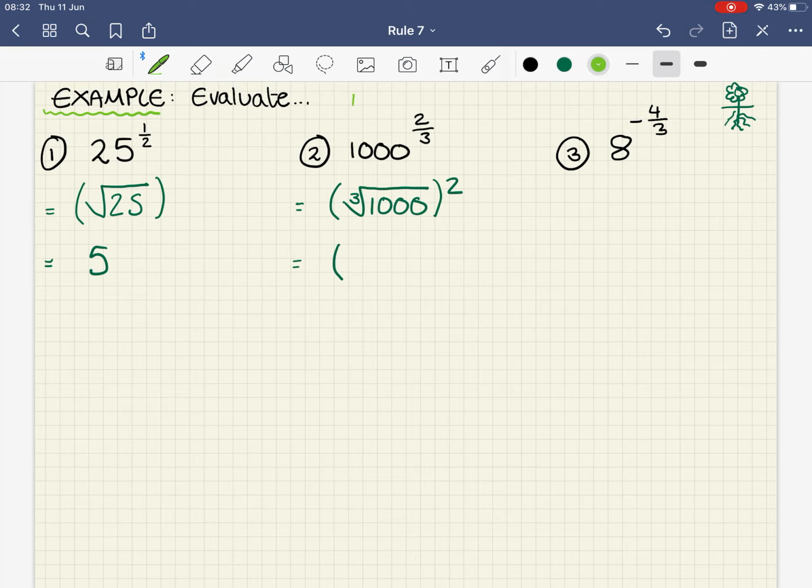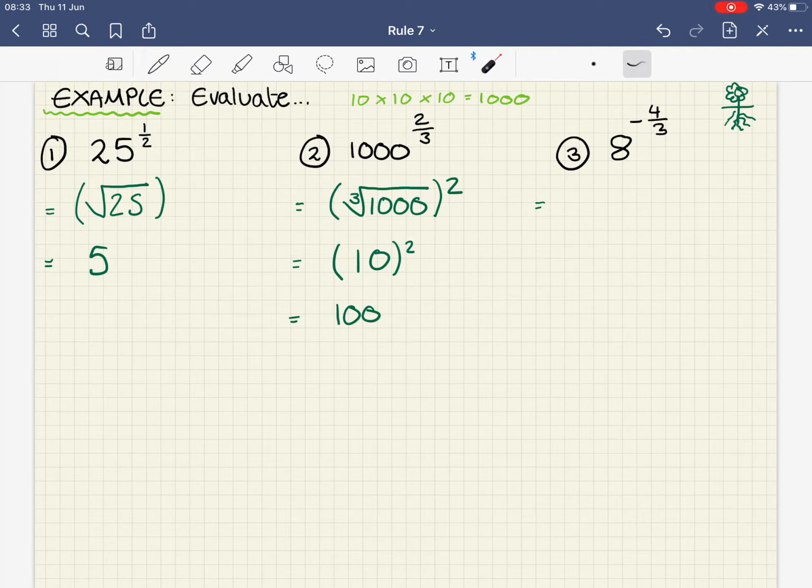Well, if I did 10 times 10 times 10, that gives me 1,000. Let's just leave that all up there. So that means 10 is the cube root. And now I need to do 10 squared, and 10 squared is just 100. Oh, I went to write 1,000 for some reason. There we go, 100. Okay, next one.